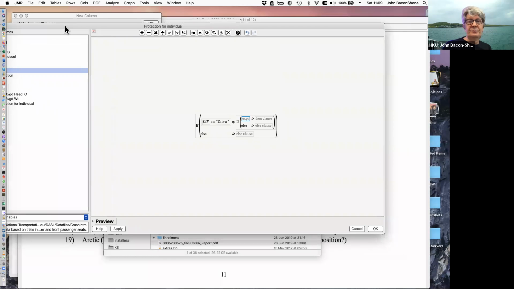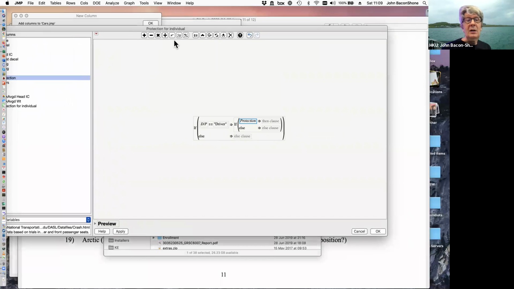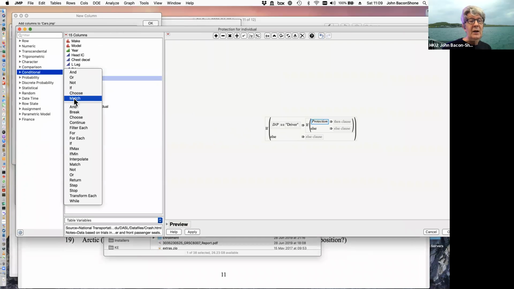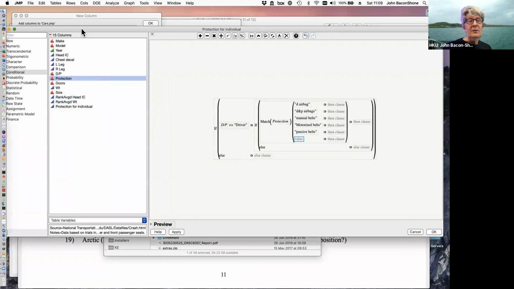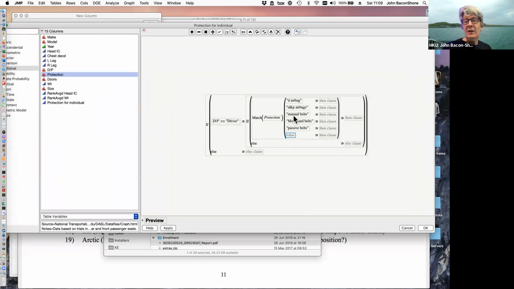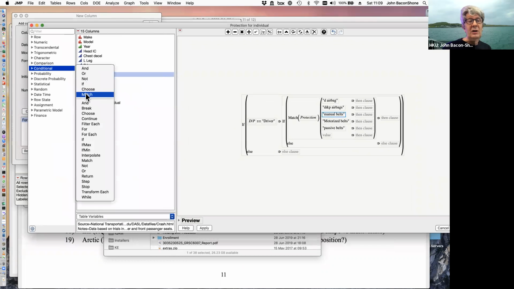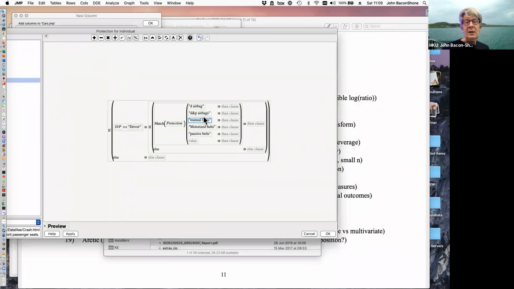So for protection, we again want to do a conditional, and we actually want to do conditional match. Let me redo that. So that was match from data. So conditional match, and then when you choose match, it lets you choose match from data. So it's automatically inserted in here for me the 5 different possible values of protection. So we can remove this one.